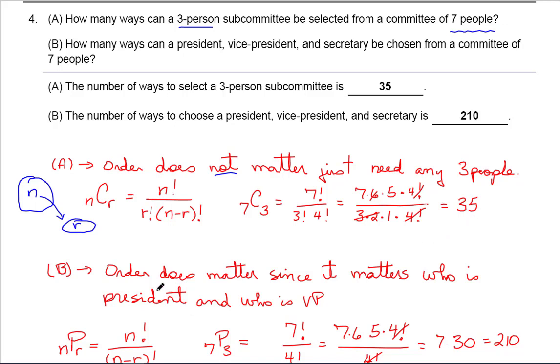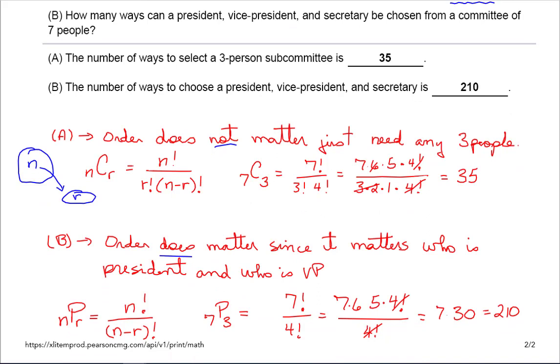In B, order does matter because I've got president, vice president, and secretary. Who gets which role matters quite a bit. So the formula changes a little bit when I'm dealing with a permutation.